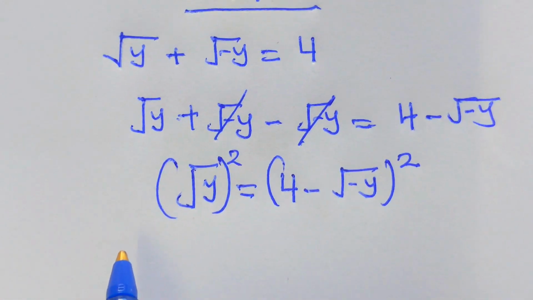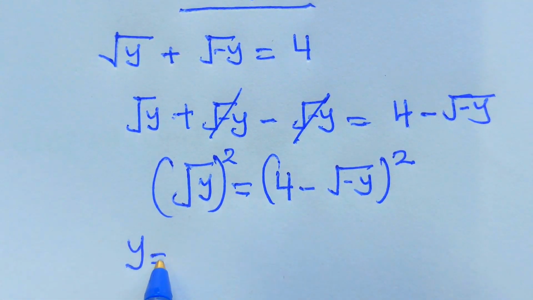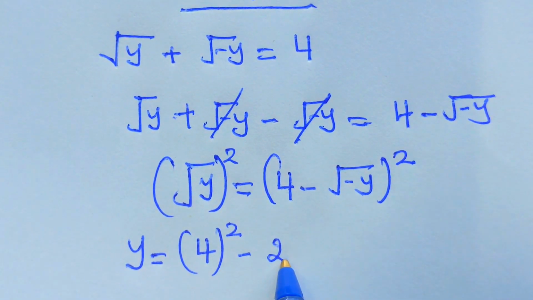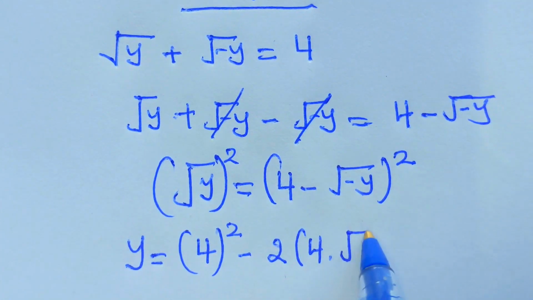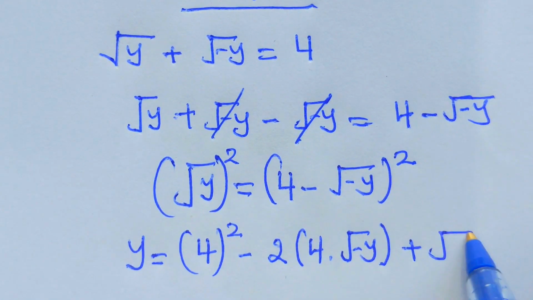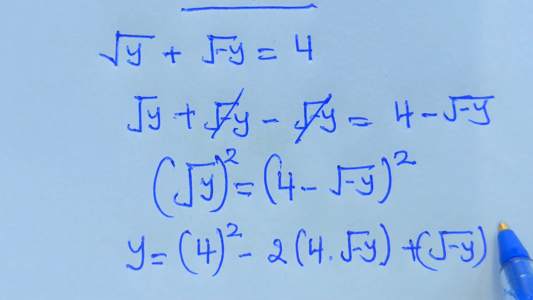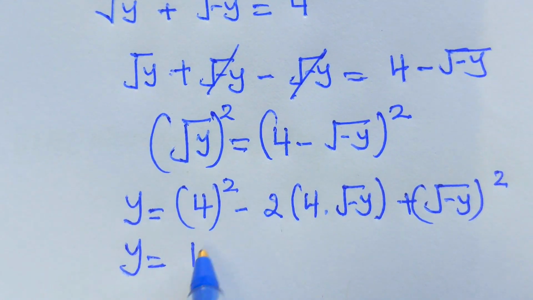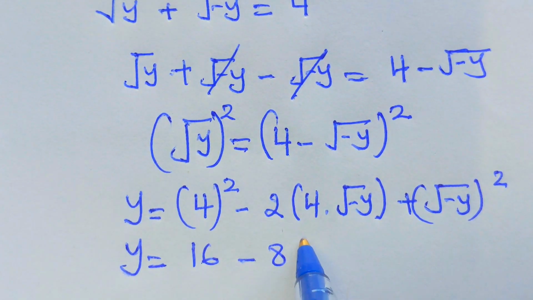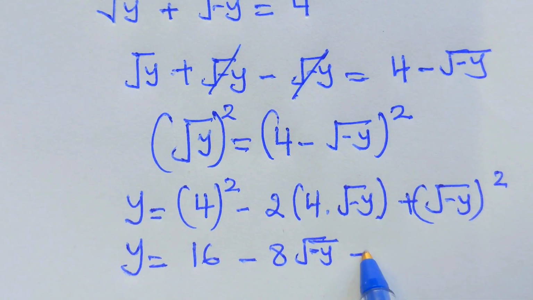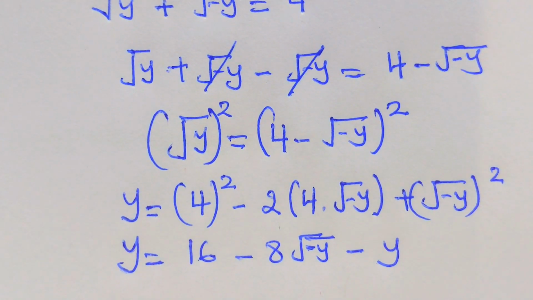So we shall get y equal to 4 squared minus 2 times 4 times square root of negative y, then of course plus square root of negative y squared, and this is y equals 16 minus 8 square root of negative y, then of course minus y, right? And this is what we have right here.